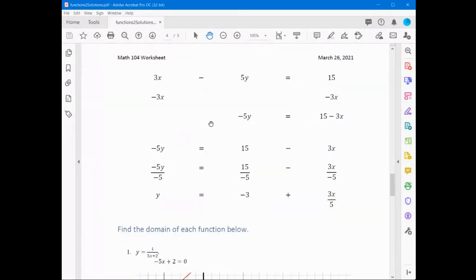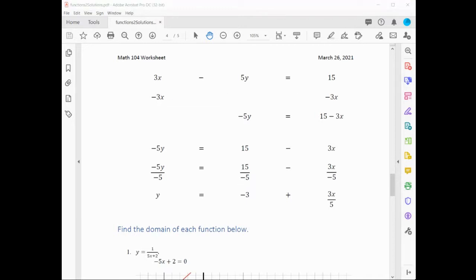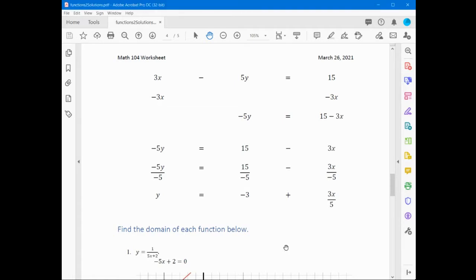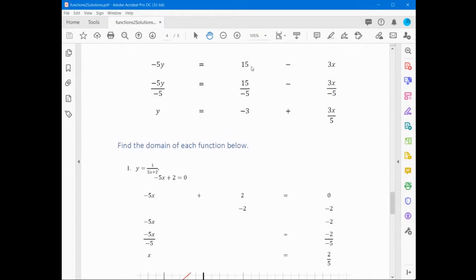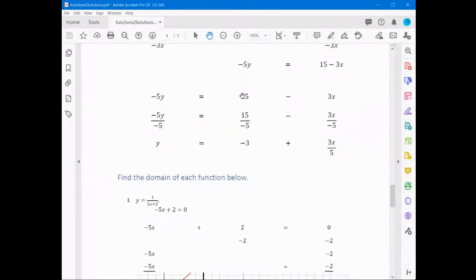So how do we do that? Well, again, you just solve for y in terms of x. We want to get y all alone, so we subtract 3x from both sides, and we get negative 5y equals 15 minus 3x. Now we don't want negative 5y, we just want y, so we divide by negative 5.